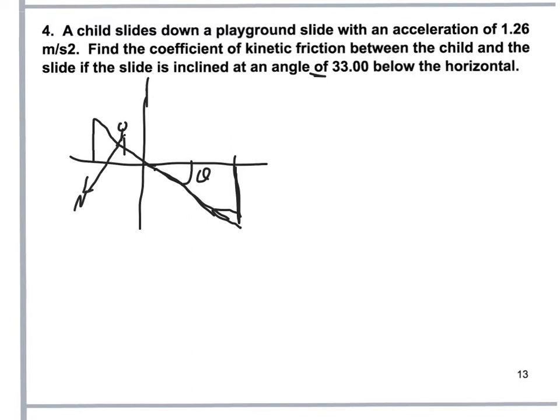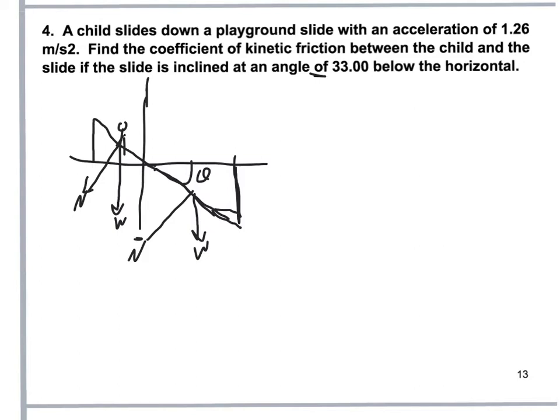So this would be N. And then we also have weight in the picture too. So weight comes down here. If we were to overlay that on our chart, we get weight right here, and then the normal force right there.